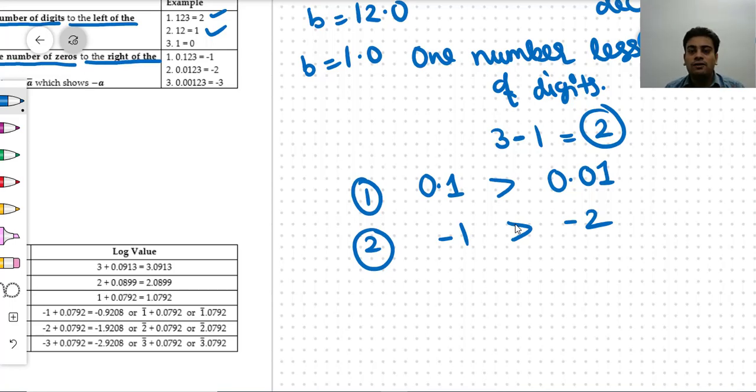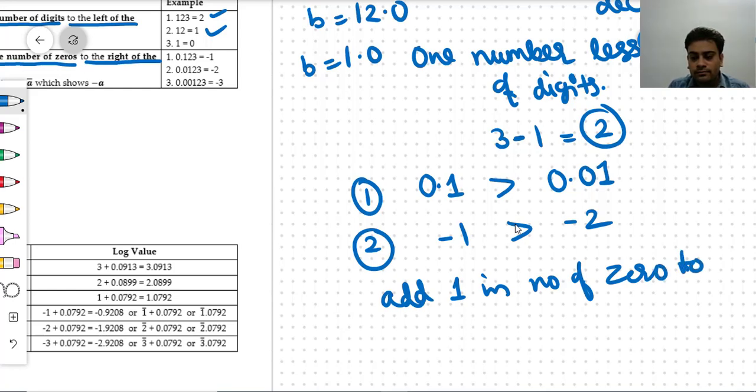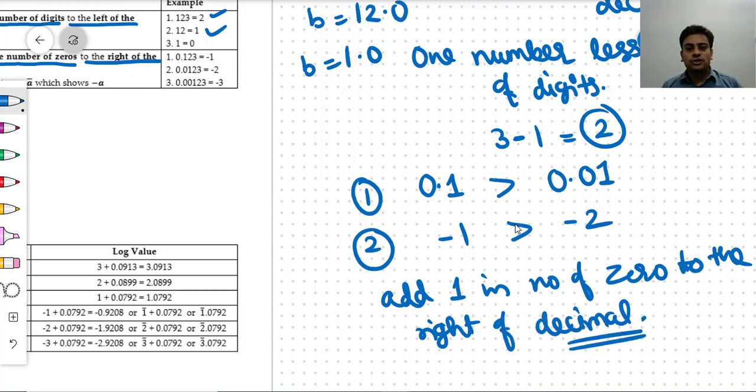And now you will add 1 to the number of zeros. So I am writing here: add 1 to the number of zeros to the right of the decimal. Right, so this thing is clear.